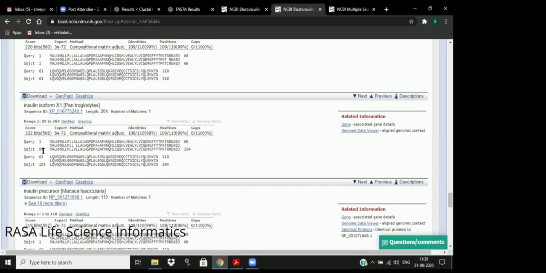It is the 95th amino acid which is aligning with the first amino acid of my query. So I'm not interested in the whole part of the pan species insulin, but only from 95 to 204, which is showing you 108 identical amino acids. So basically 98% identity is there.